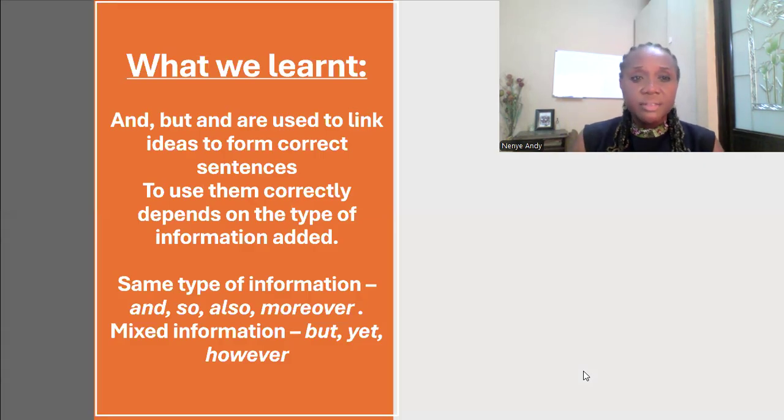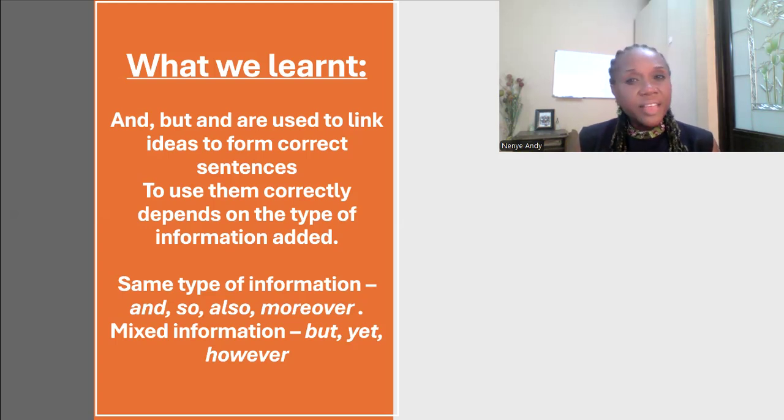So what have we learned? We've learned that and, but, and however are used to link ideas to form correct sentences. We also found out that to use them correctly depends on the type of information we're adding.